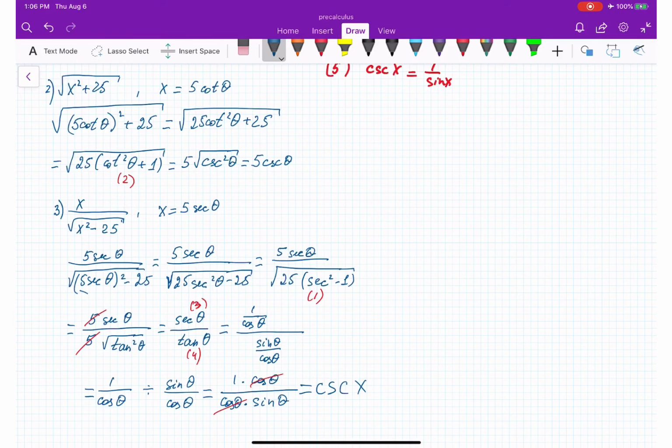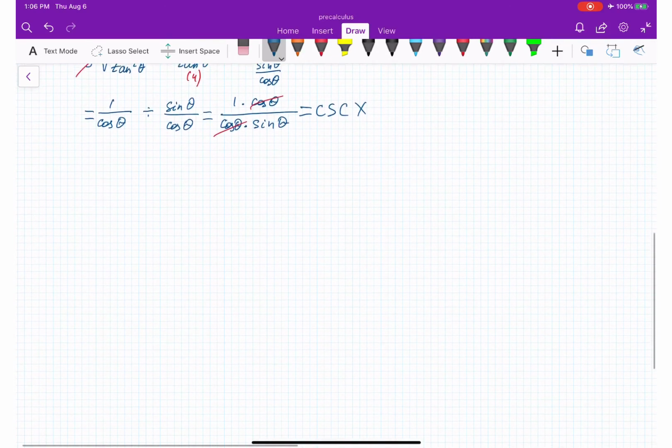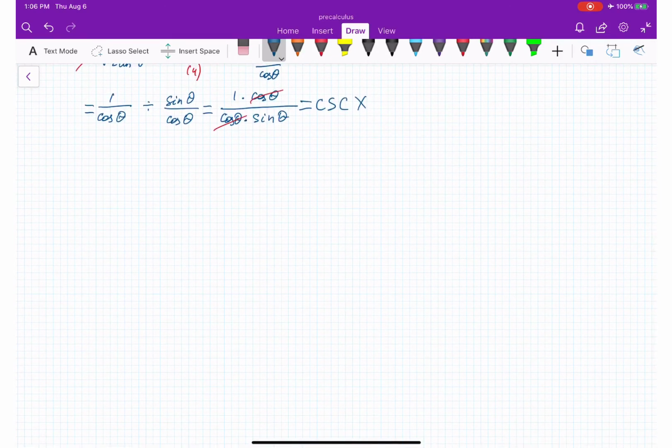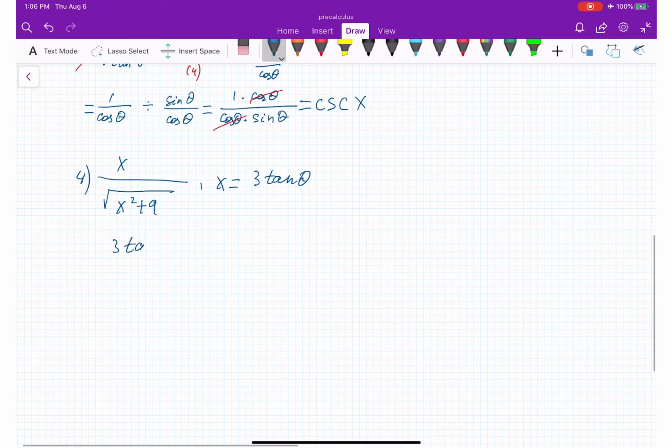Number 4: x over the square root of x squared plus 9, where x is equal to 3 tangent theta. All right, let's solve it. Instead of x, we plug in 3 tangent theta.